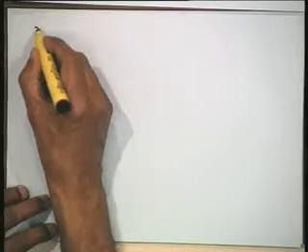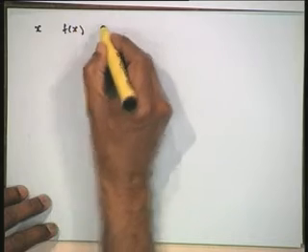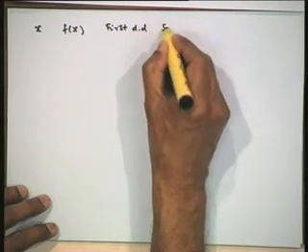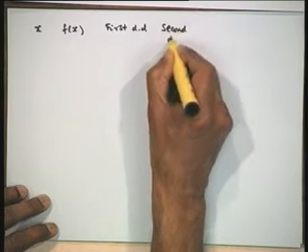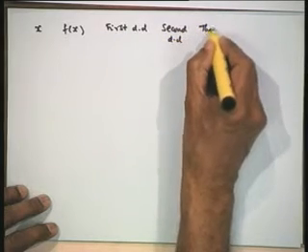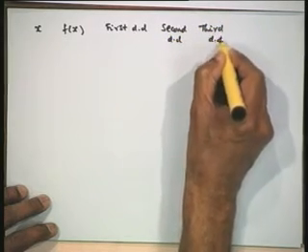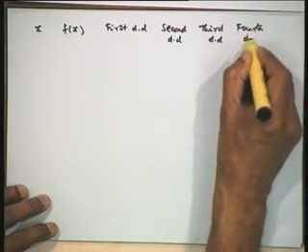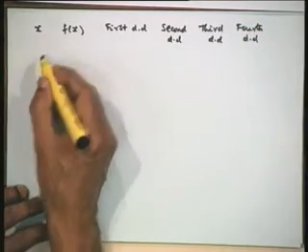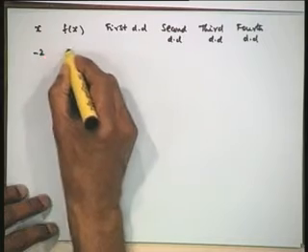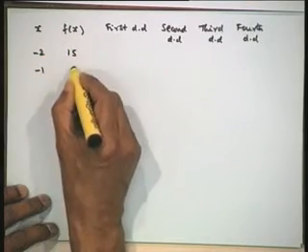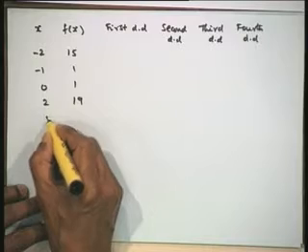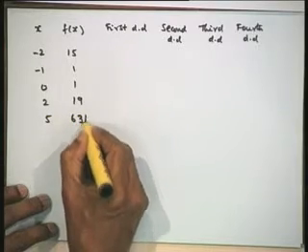So, that is x, f x, then we have the first divided difference, then the second divided difference, the third divided difference and the fourth divided difference. The data points are minus 2, 15; minus 1, 1; 0, 1; 2, 19; 5, 6; 31.